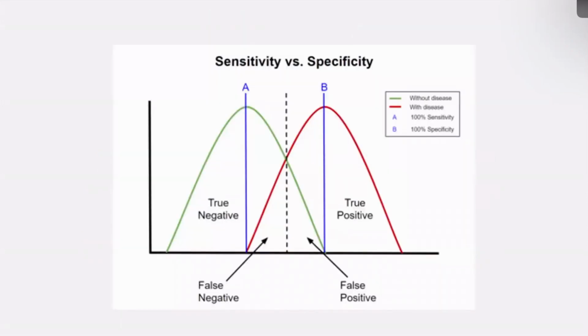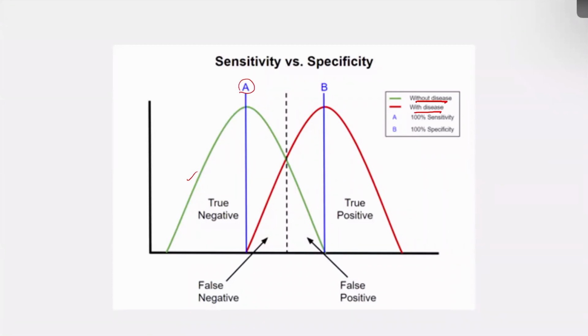Okay. So here we have this very useful diagram. Suppose this green curve here is without disease, so no disease here, and this red curve here is with disease. Okay. So let's suppose you're taking this line A. So this is the test.